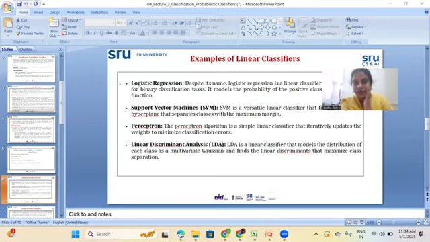So to minimize the classification errors, we use this algorithm. Linear discriminant analysis, LDA. LDA is a linear classifier that models the distribution of each class as a multivariate Gaussian and finds the linear discriminants that maximize class separation.